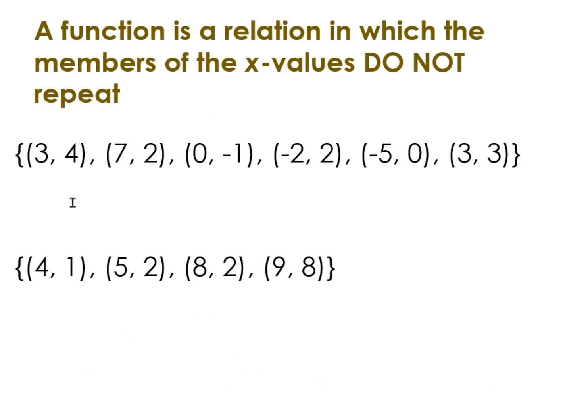Another way to figure out whether the given relation is a function or not is that in the ordered pairs, your x values do not repeat. In the first one, you have 3 and 3 being repeated in the ordered pairs, so this is not a function.